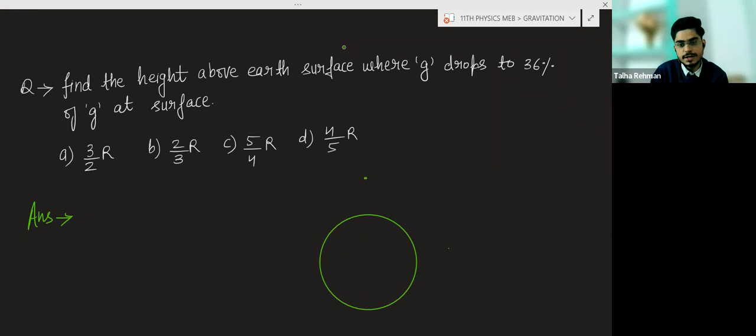Suppose this is the height h, and here the value of g dash is 36% of the value at Earth's surface, which means it will be 0.36 of g.